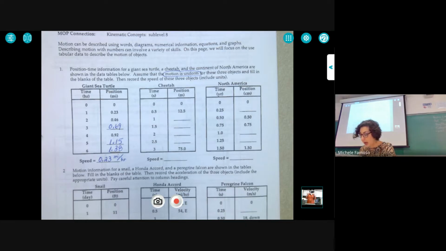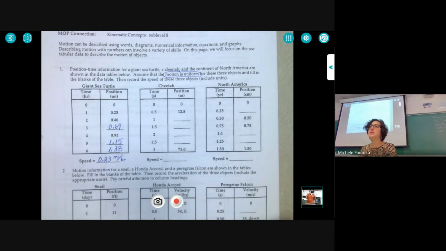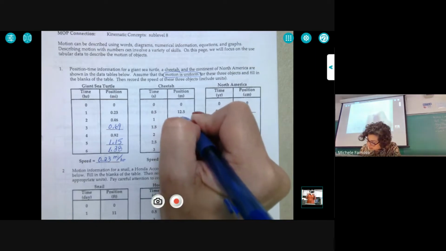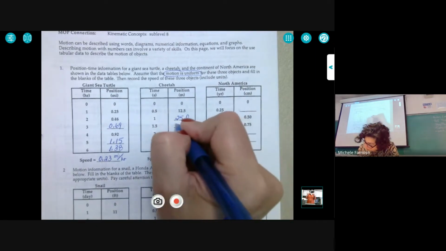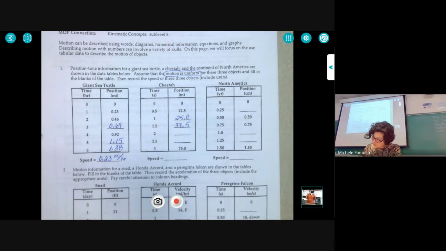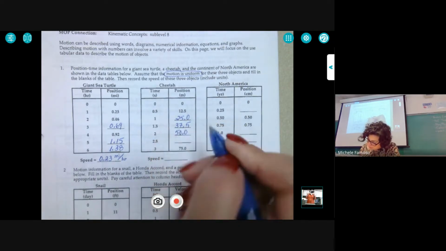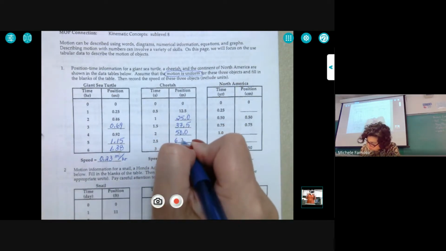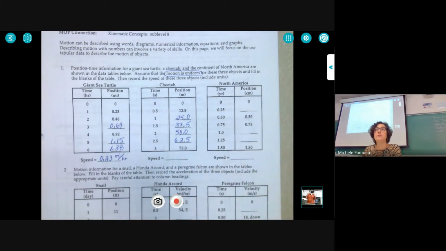All right, let's do the same thing for the cheetah, please. Figure out the pattern. If you have a uniform speed, the increments should be the same. Position change over time. And you should get the same values I got.